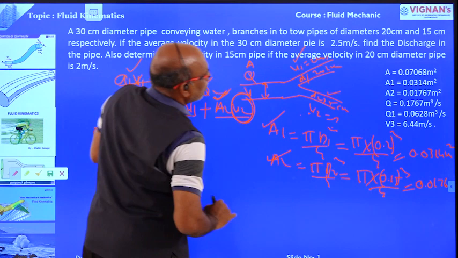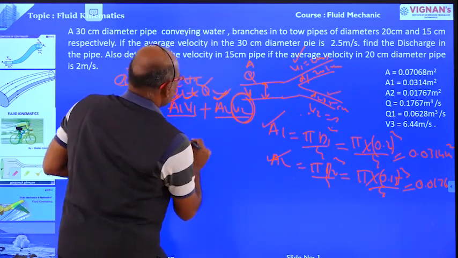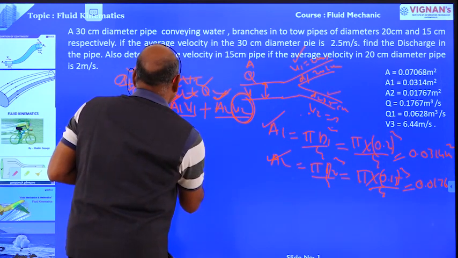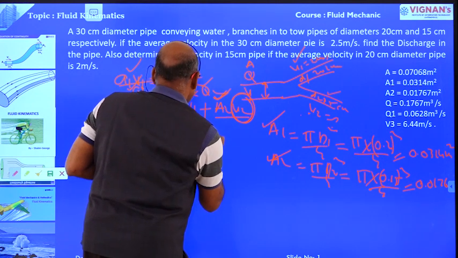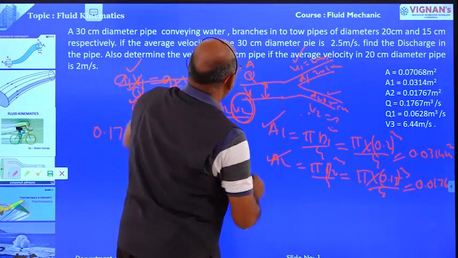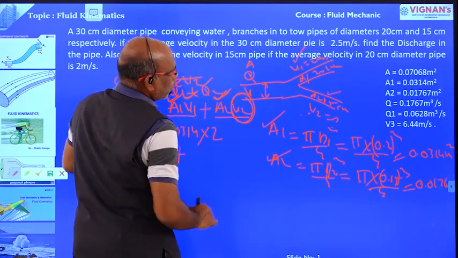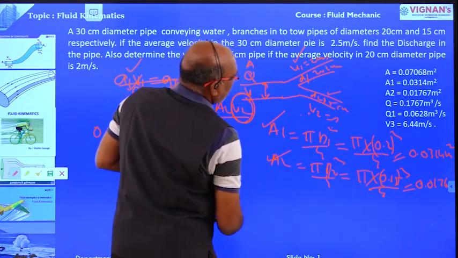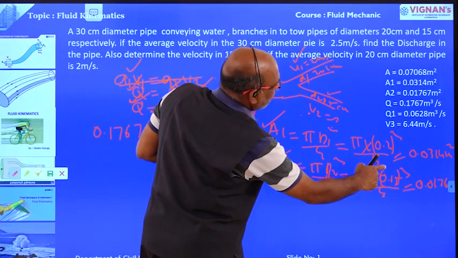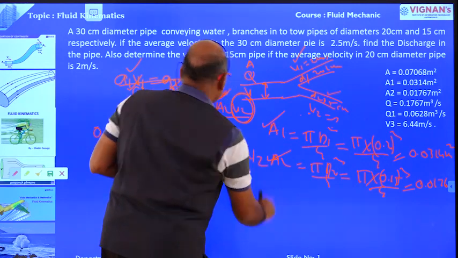0.1767 meter cube per second is equal to, what is the A1? A1 is equal to 0.0314 into, what is the V1 velocity in the 20 centimeters dia pipe? 2 meters per second plus A2. A2 is determined here, that is 0.1767 into V2.